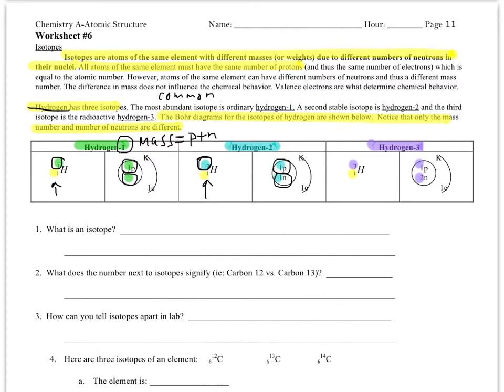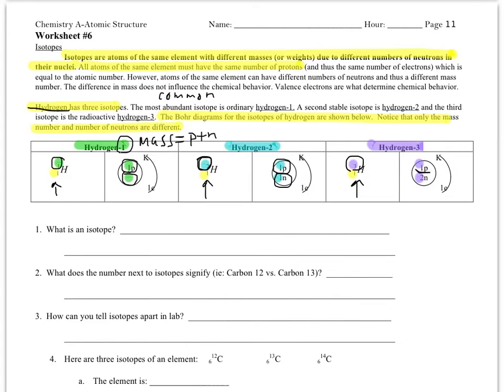And even less common, and this one's actually radioactive. We'll talk more about what that means in a later unit, but it's basically not stable. So it starts to break down almost as soon as it comes into existence. We've got hydrogen 3. Now hydrogen 3 still has to be hydrogen, atomic number of 1, but it's got a mass of 3. So this is, relatively speaking, heavy.